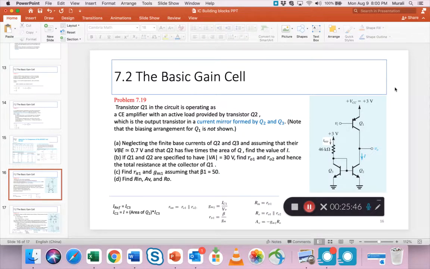Okay. Here, though, as you may have already quickly found, we are using BJTs. Okay.